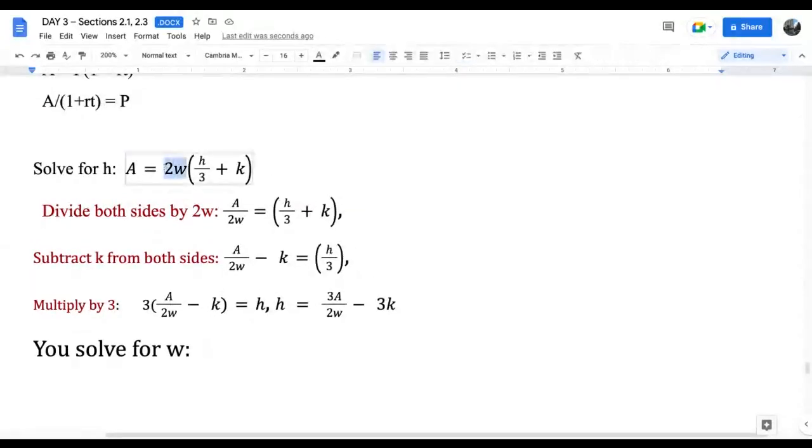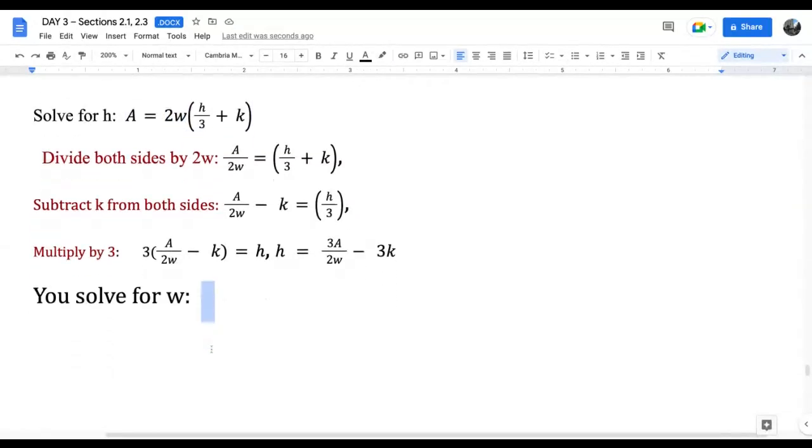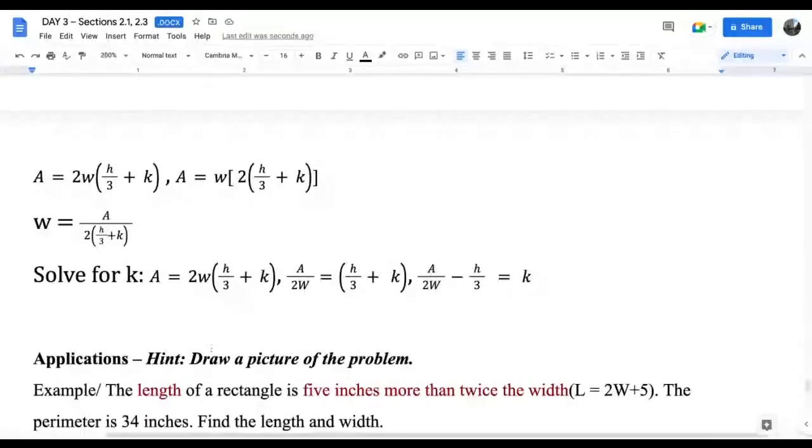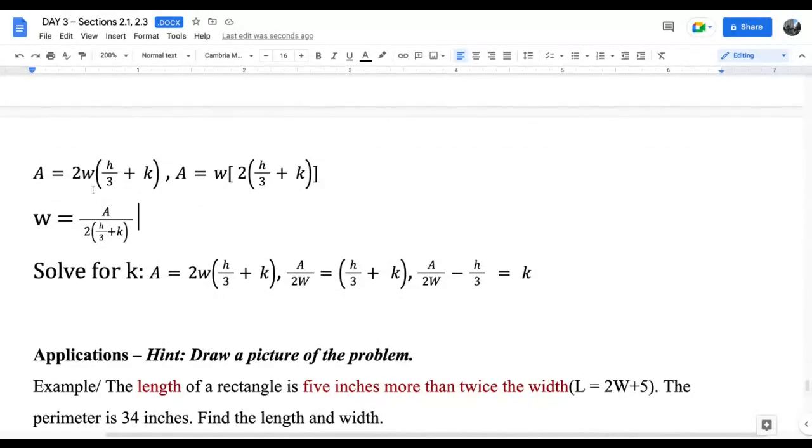Now let's try to solve for w. W is here with 2. Of course, there are different ways of solving it. One way is we could split those two things, so we put the w outside, then put the 2 with this parenthesis.